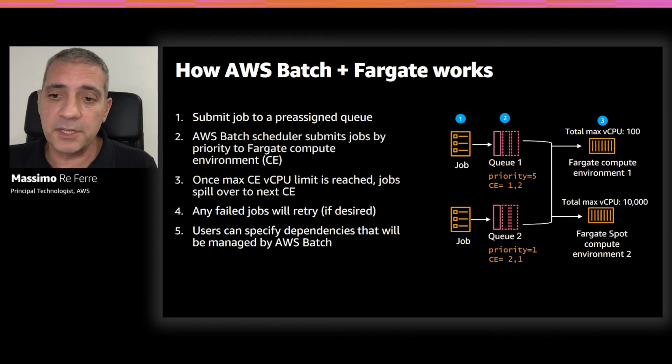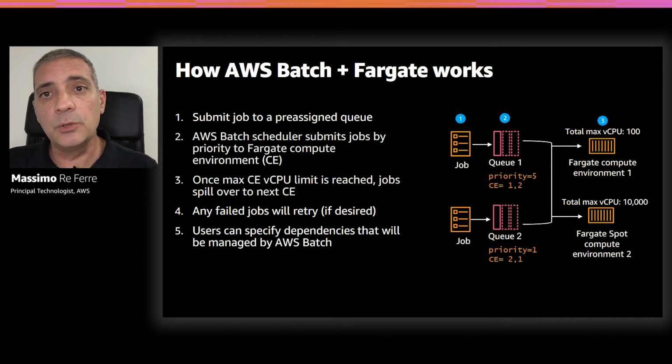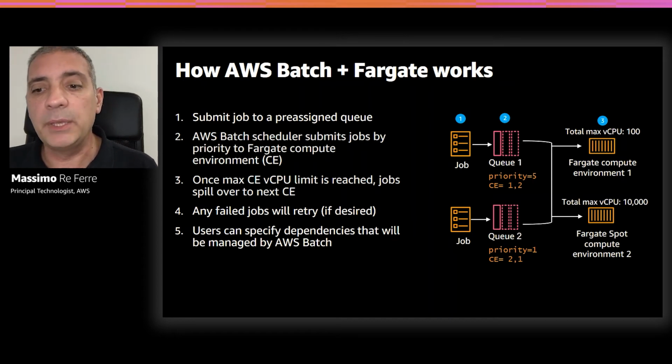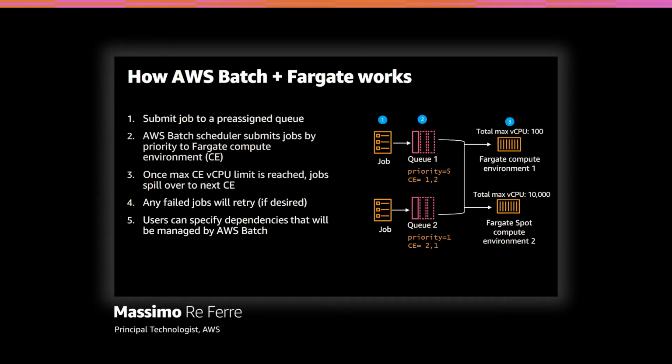So for example, in this example, you can say Q1 has a priority of 5 and it needs to use compute environment number 1 first and number 2 as a plan B, and the reverse for Q2. So imagine AWS Batch as that sophisticated service that allows you, with a number of knobs, to tune your batch jobs for speed or for cost or for any other type of dimension that you need to.